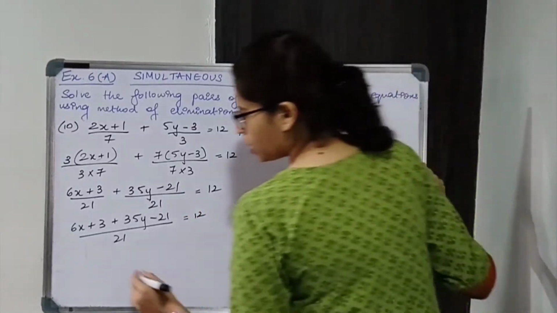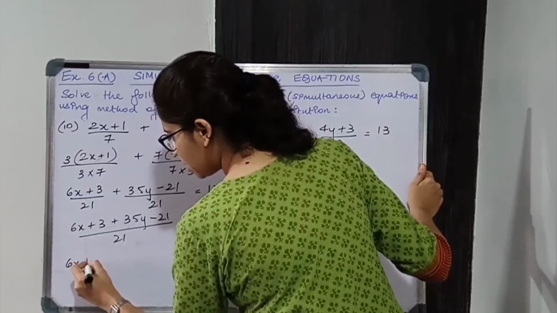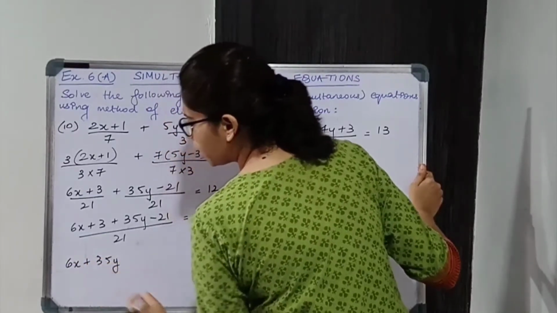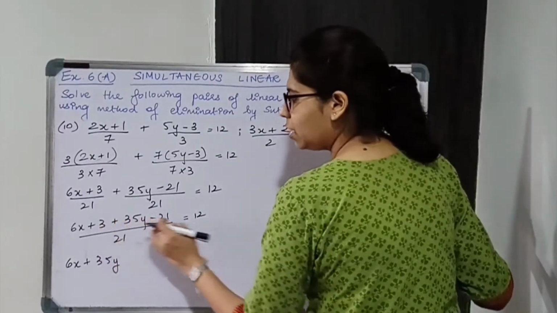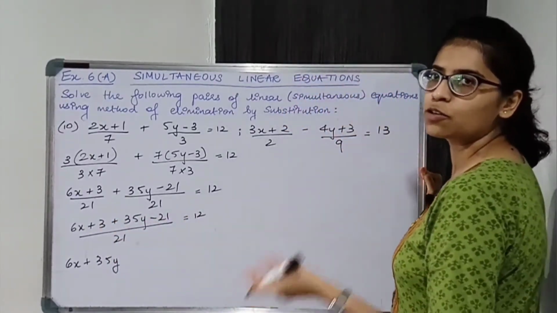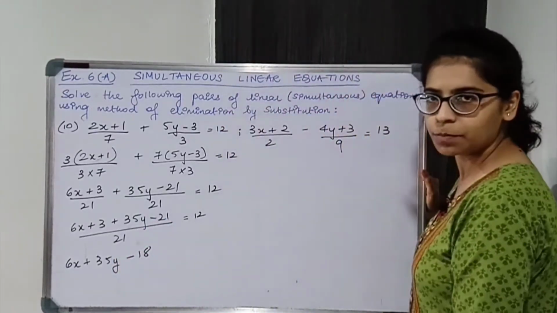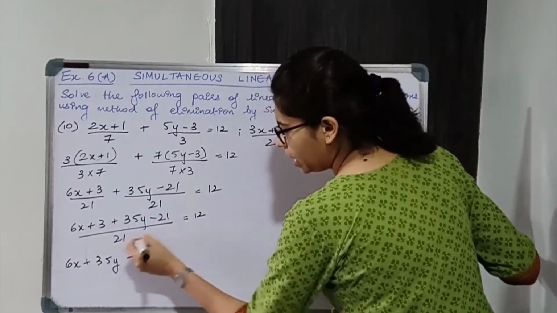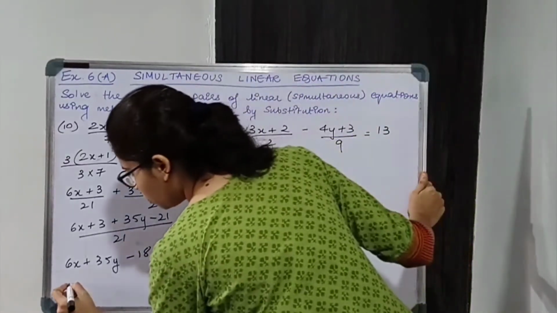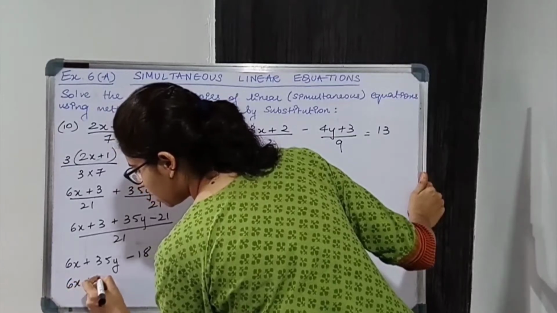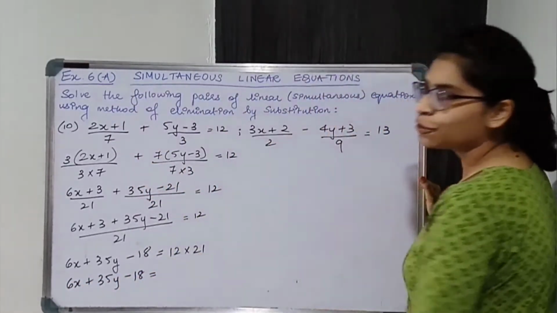Okay, so shifting 21 on the other side, 6x plus 35y I'll write together and numbers we'll bring together. So 3 minus 21, 21 minus 3 will be 18, but greater number is negative. Okay, over here shifting 21 over here. So this will be 6x plus 35y minus 18 is equal to 12 into 21.